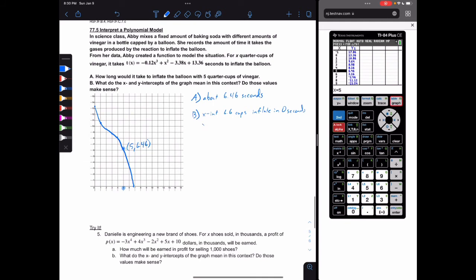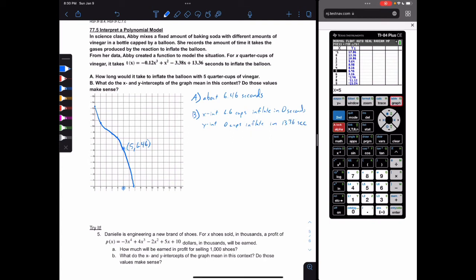The y-intercept tells us in 0 seconds, we have 13.36. If we use no vinegar, so let's rephrase that. So if we use 0 cups, it would inflate in, what was it, 13.36 seconds, which again makes no sense.